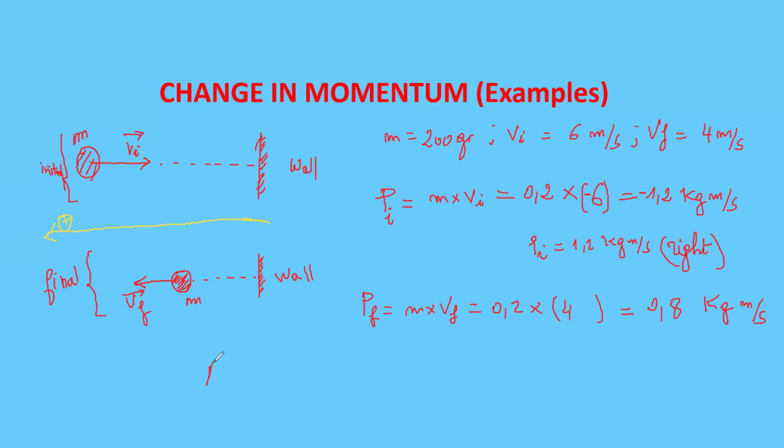The change in momentum is equal to final momentum minus initial momentum. The final momentum is 0.8.